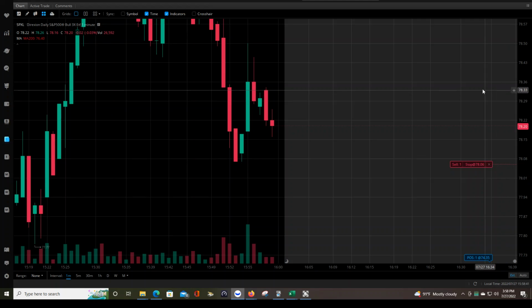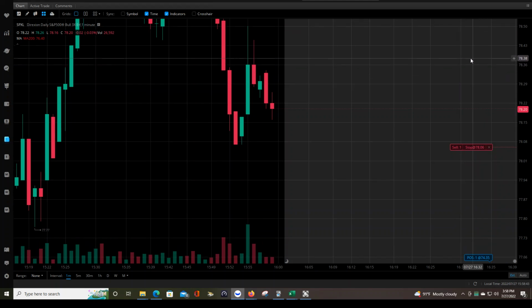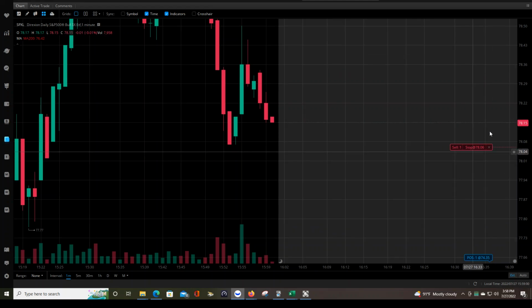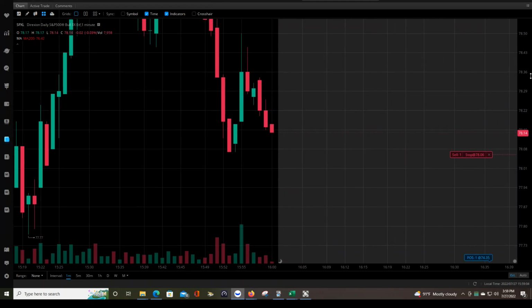And if we get stopped out there, that's absolutely fine. We'll probably get stopped out in the next 1 minute candle. It's only a few seconds away, and the price is continuing to sell off into the close.